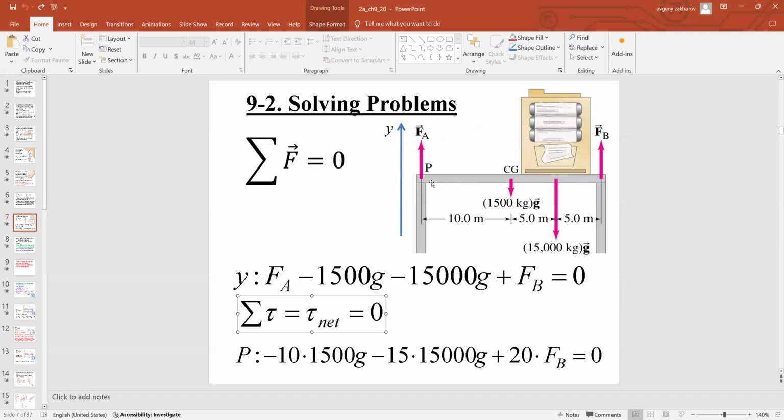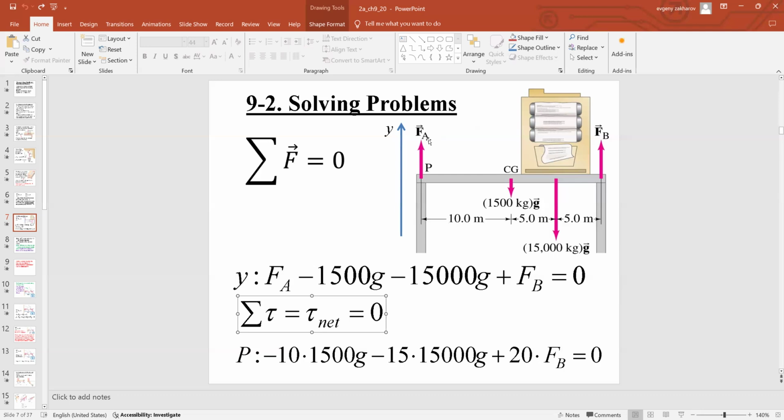The recommendation is as follows. You should always look for an axis of rotation that will eliminate one of the unknown forces. Let's pick point P, and F sub A is unknown. What do we know about the torque from F sub A? Well, torque is moment arm times the force. And what is moment arm?